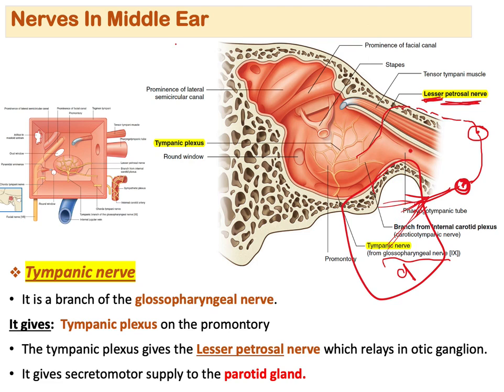This is the story of the lesser petrosal nerve. I think from the figure here you can also see the tympanic branch of the glossopharyngeal nerve with a branch from the plexus of the internal carotid artery to form the tympanic plexus, and there is the lesser petrosal nerve leaving the middle cranial cavity through the anterior wall.